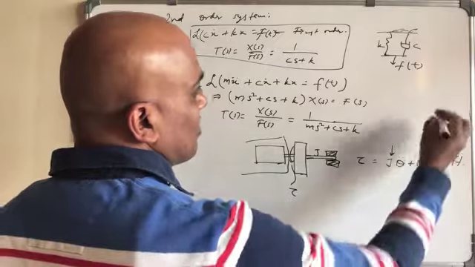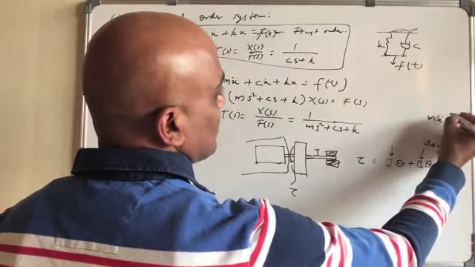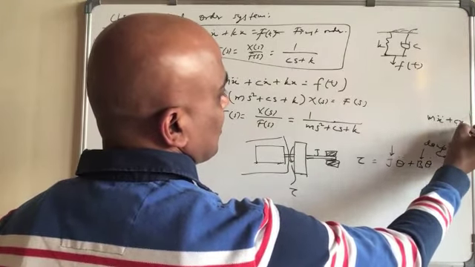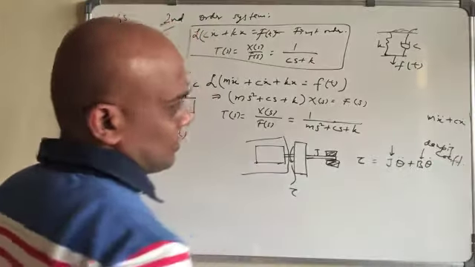This has the form of m x double dot plus c x dot, but there is no k term here.